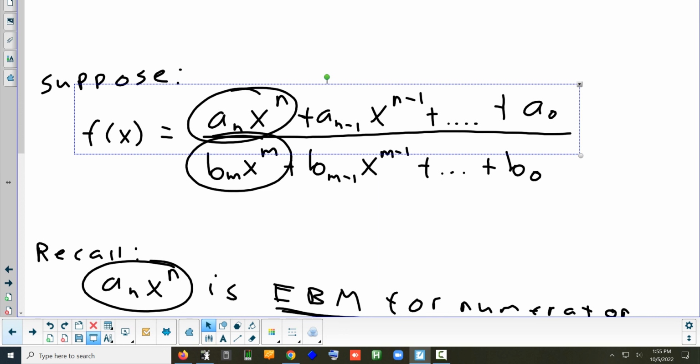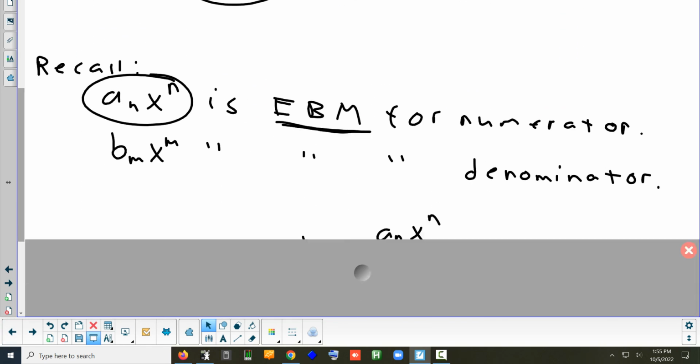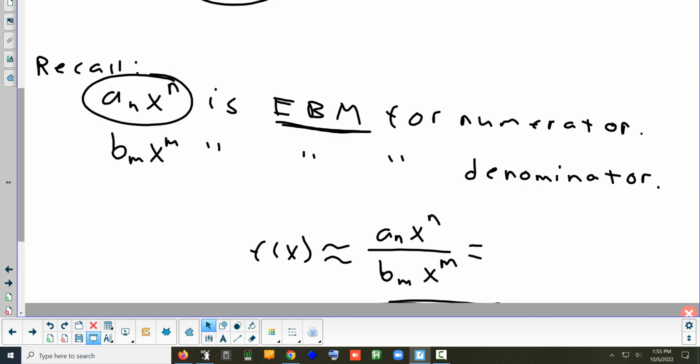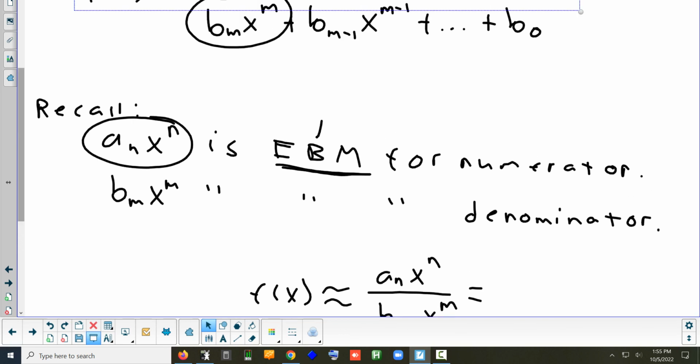Well, what we're going to do is just put the two together. So you've got an end behavior model for the top. You've got an end behavior model for the bottom. If you divide the two of them, you get the end behavior model for the whole thing. Not just the top, not just the bottom, but the whole thing. So this stands for end behavior model.